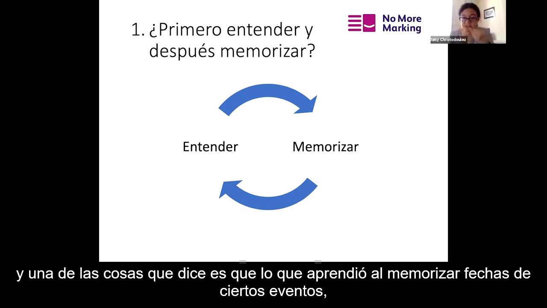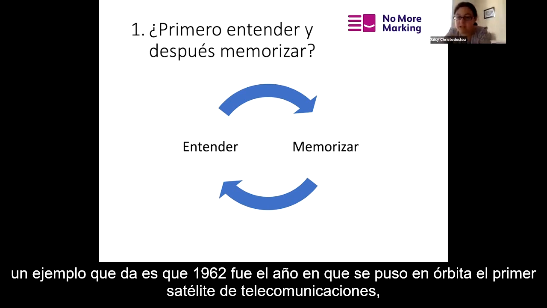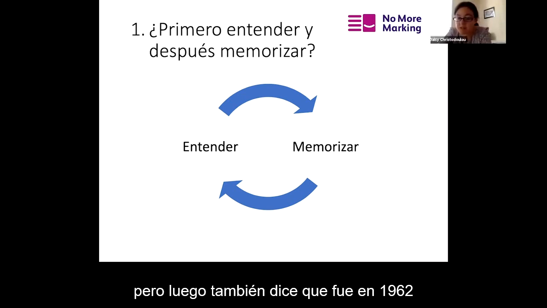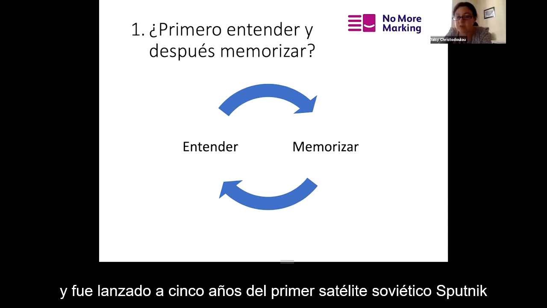And one of the things he says is what he's learned from memorizing dates of certain events. One example he gives is that 1962 was the year the first telecommunications satellite was put into orbit. But then he also says that that was 5 years after the first Soviet satellite, Sputnik.